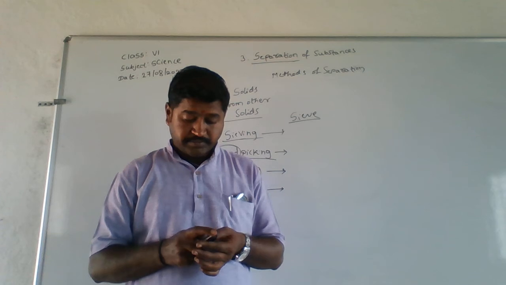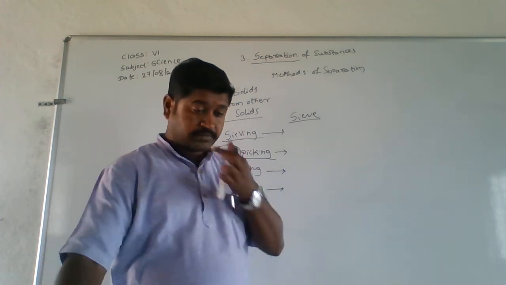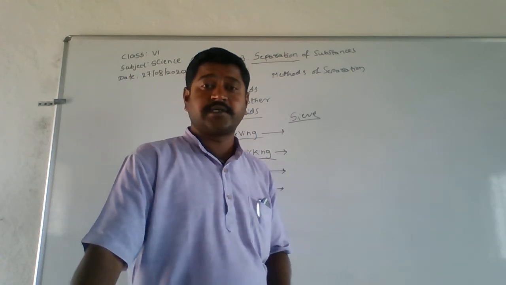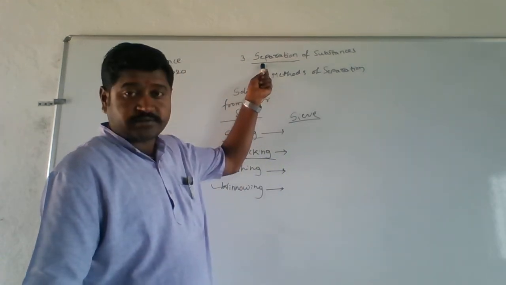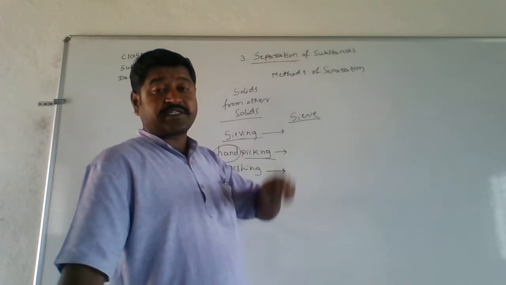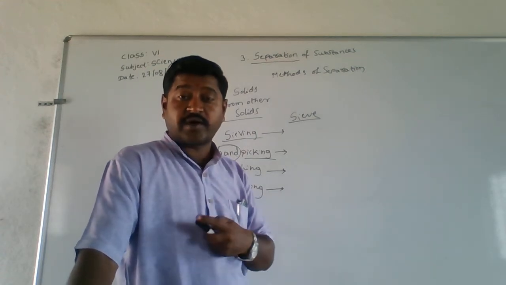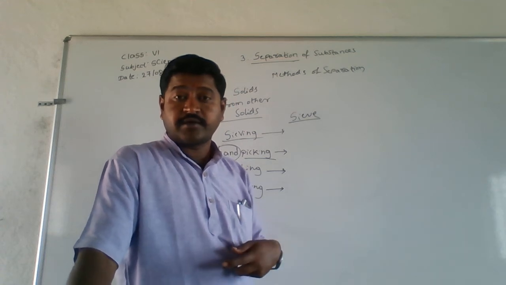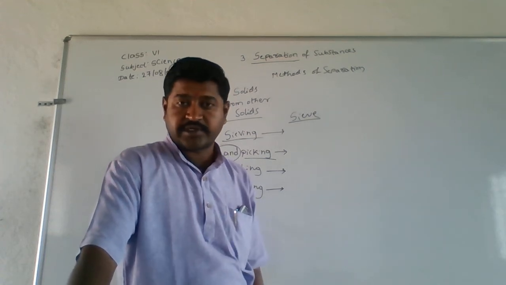Understood? I think in today's class we have learned what separation is, right? Why separation has to be done, that is to remove undesirable substances and to obtain useful components.